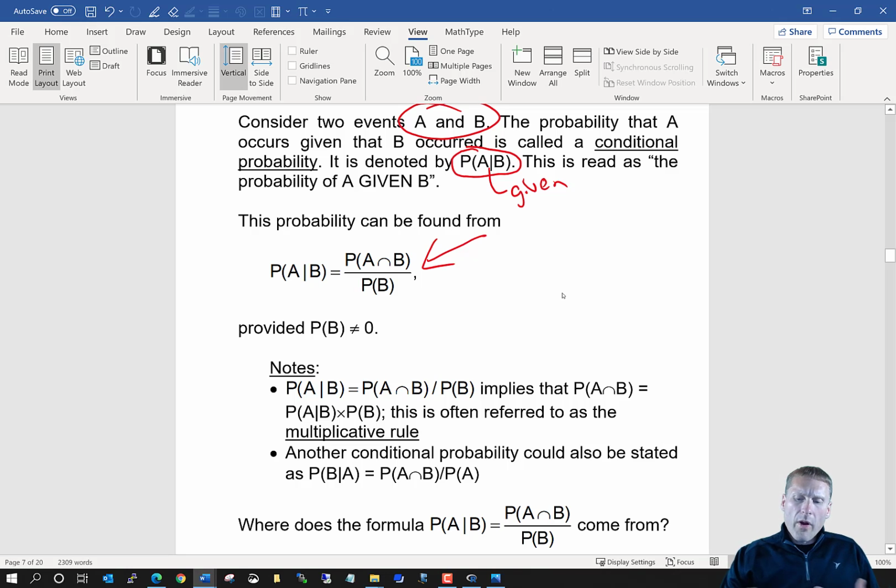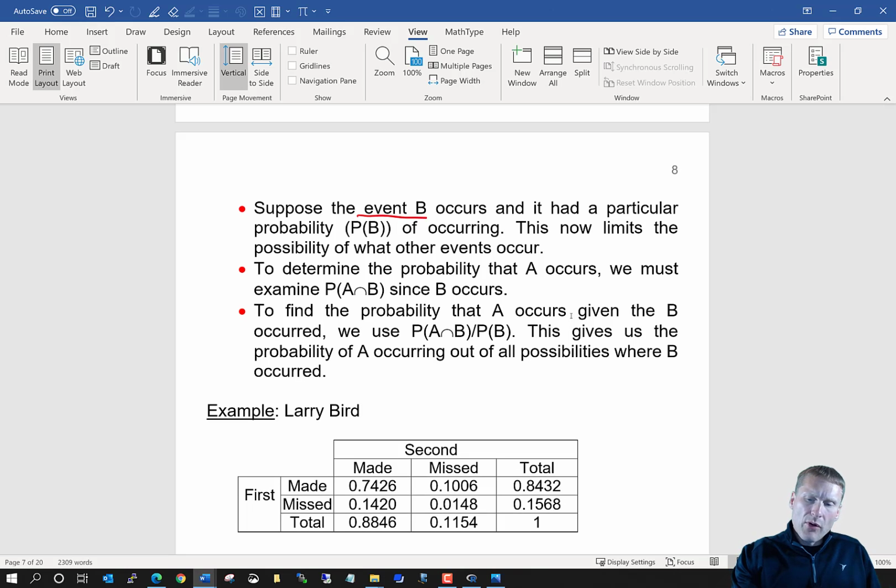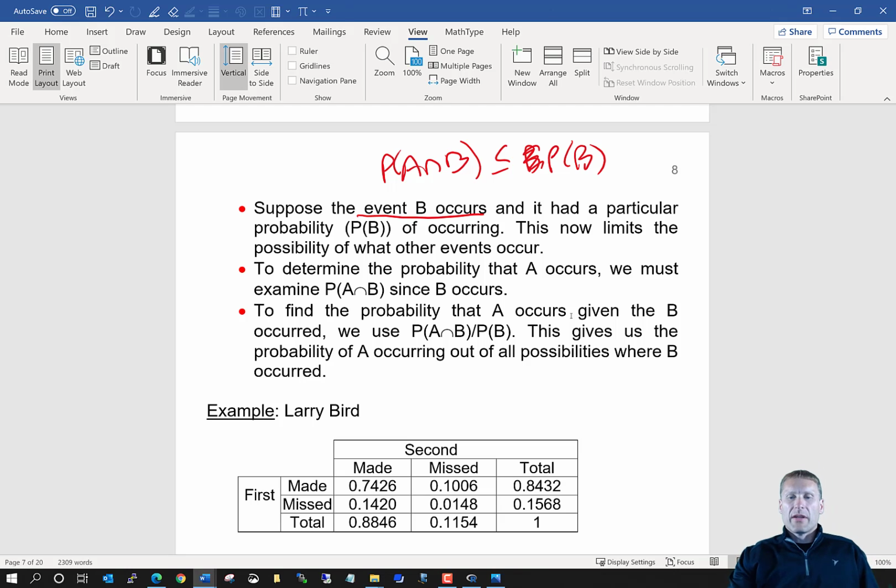Now, where does this actual expression come from? Well, think of it this way. Suppose that we know that event B has occurred. Now you're looking at the probability that A occurs, given that I know that B has already occurred. The probability of A intersect B has to be less than or equal to the probability of B, because B is here and B is there.